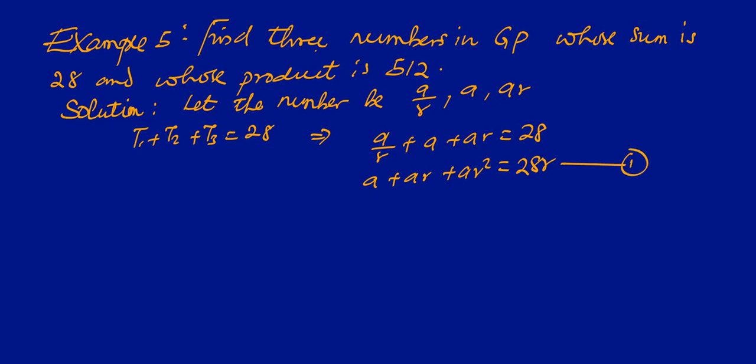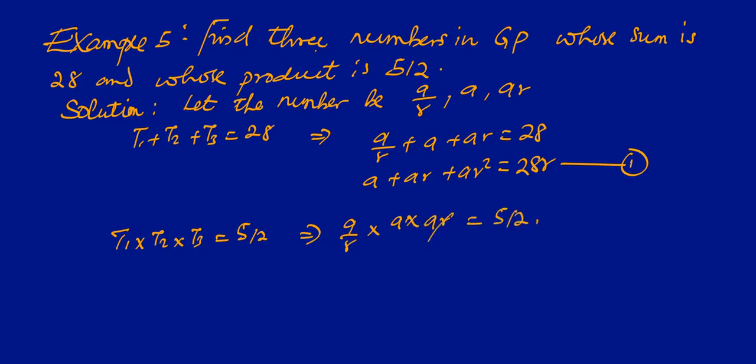The second statement says the product is 512. That means T1 times T2 times T3 is equal to 512. This implies that A over R times A times AR is equal to 512.